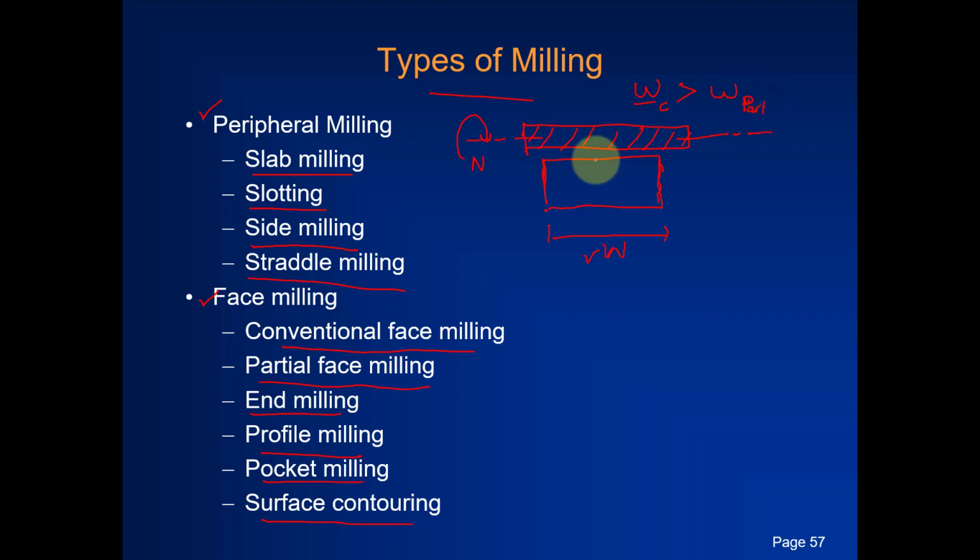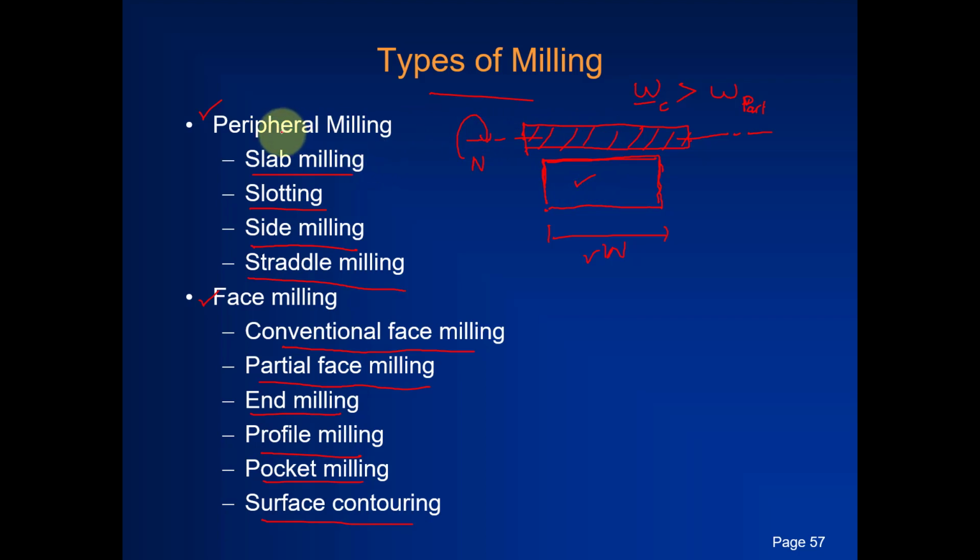In this case, if the workpiece is passed through this rotating tool, it will give you a flat surface. That type of milling operation, in which the width of the cutter is greater than the width of the workpiece, is slab milling.